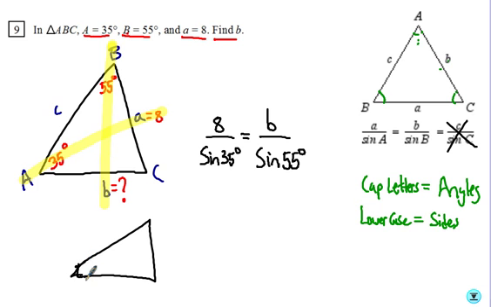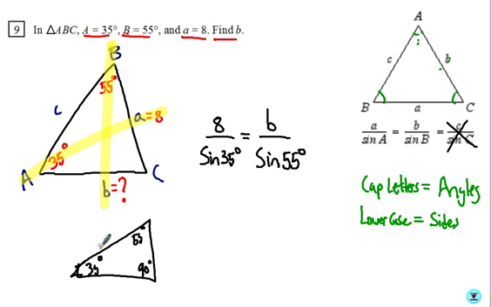Because if this guy is 35 and this guy is 55, and we know they all add up to 180, that means that would have to be 90. So my triangle that I sketched here is not really to scale, but it's a good lesson to see that the law of sines works for right triangles, but it also works for triangles that aren't right triangles as well.